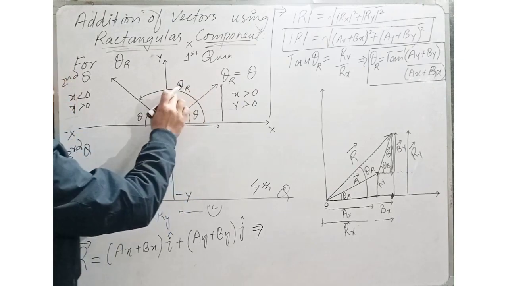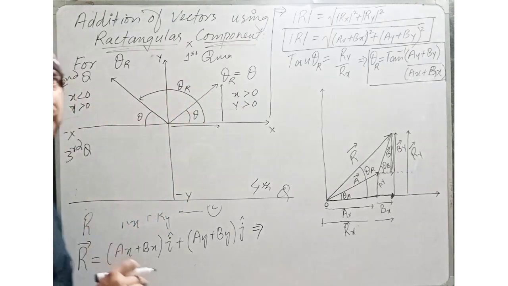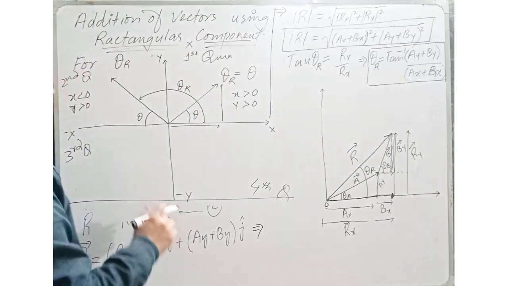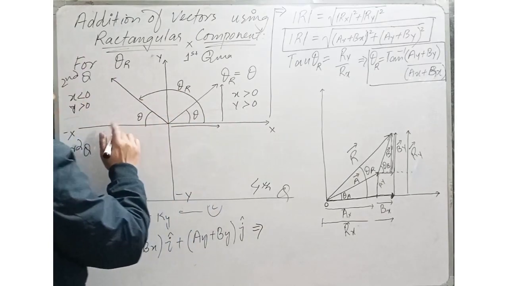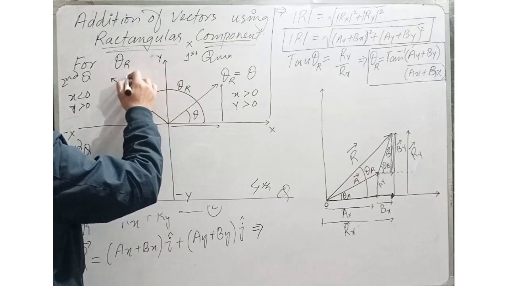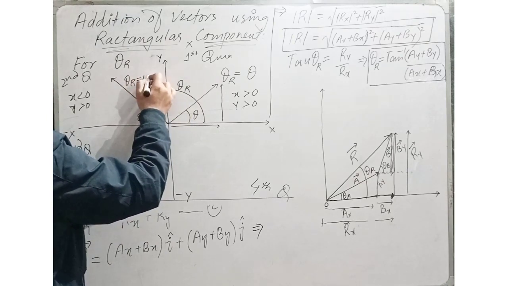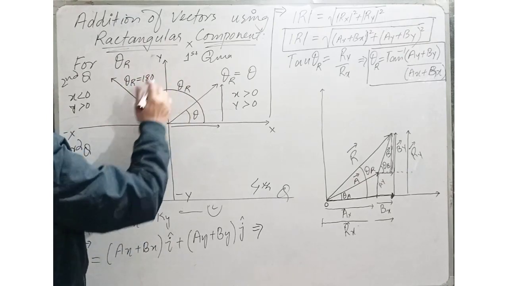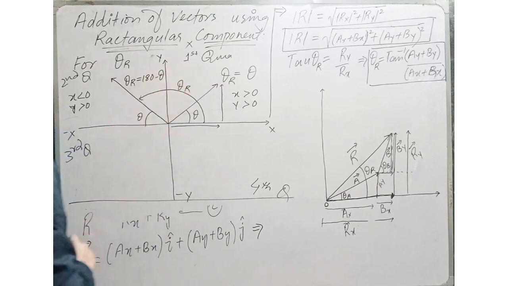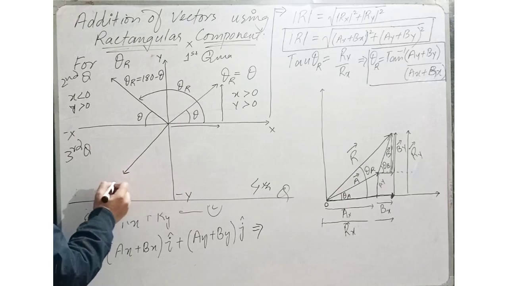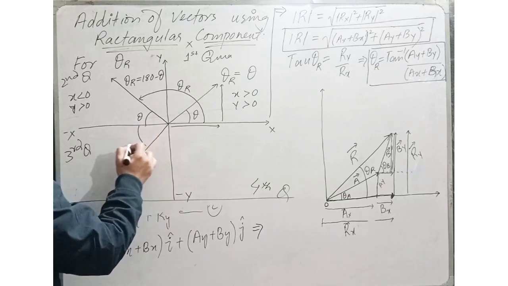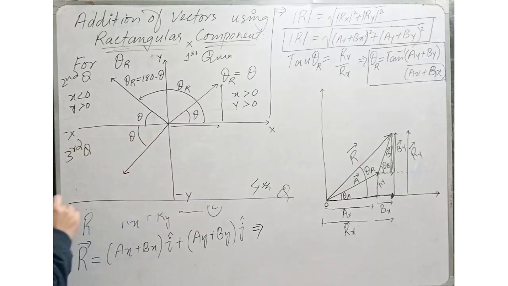So how are we going to find this angle in such a case when the vector lies in the second quadrant? We know that the total angle subtended on a line is 180 degrees. So in order to find theta r, what we have to do is subtract this angle theta from 180 degrees. Okay, now let us take another example. Now in this case the vector is lying in the third quadrant, making an angle theta with the x-axis, right?